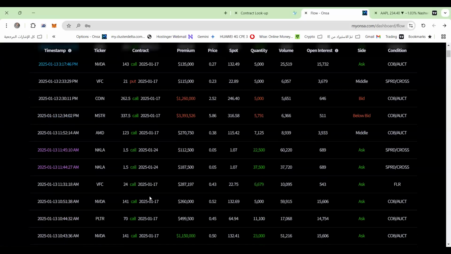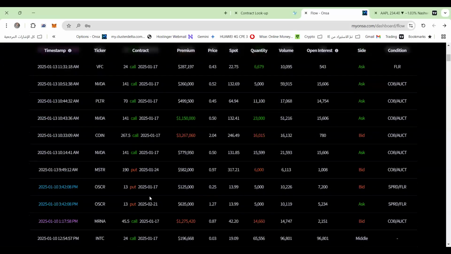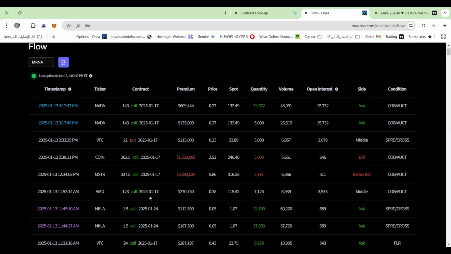So the Nash filter here is more specific. It means that now we have more filtering, trying to find out what is the big or unusual option activity that might give us an indication of whale movement. It's very, very important.